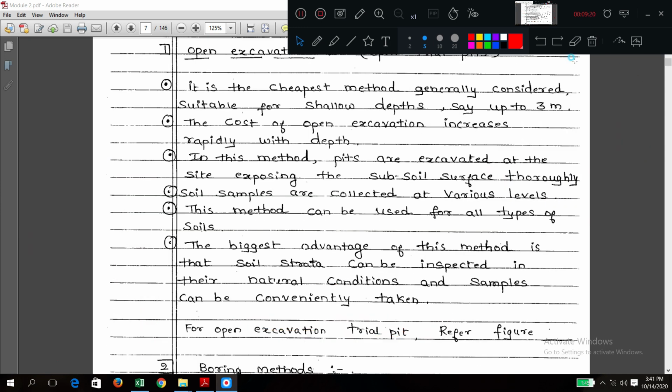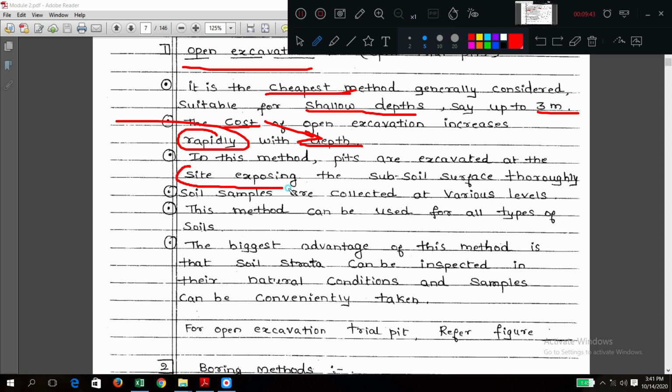Now we will recall the things. Open excavation is the cheapest method, suitable for shallow depth up to 3 meters. Cost increases with depth. As the depth increases, cost increases in a rapid way. Next, it will expose the subsurface conditions thoroughly.